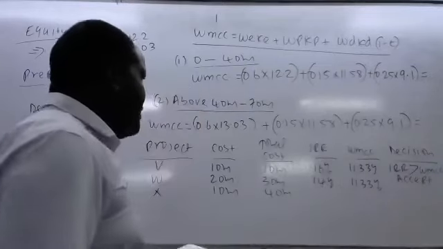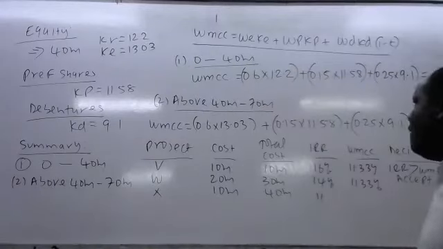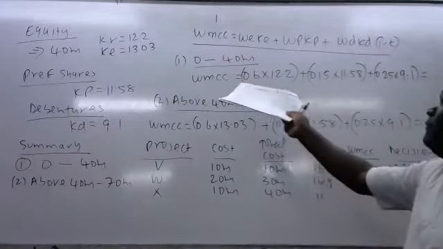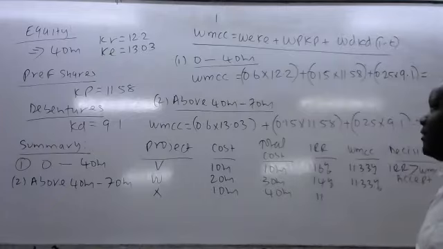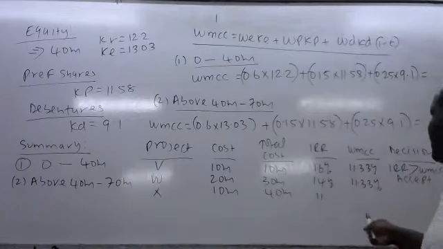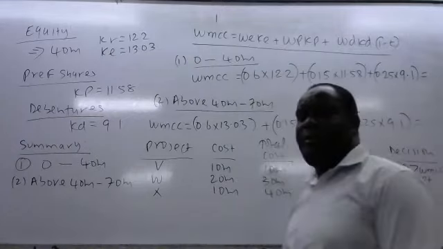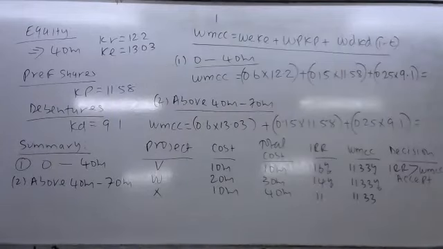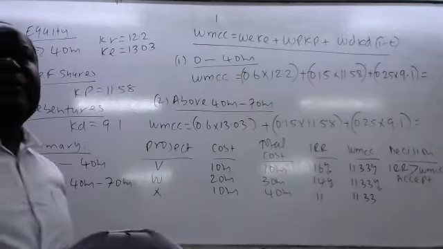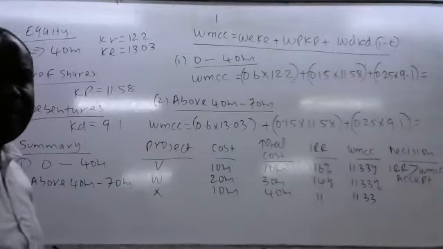The IRR has been given as 11. 40 million is still between 0 to 40 million, whereby the WMCC is 11.33. So that project will be rejected. For X you indicate reject because the IRR is less than the WMCC.